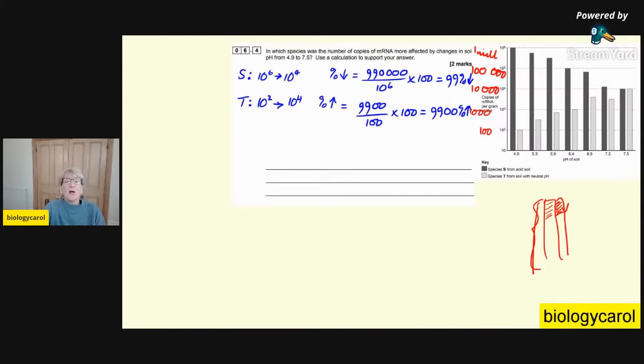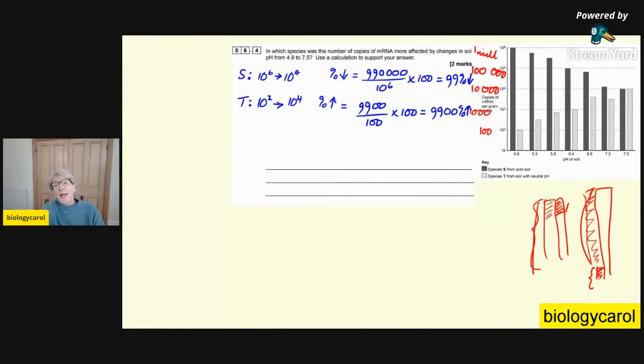Whereas T goes from 100 up to 10,000. Well, that difference is 9,900. But here you're going from a small number up to a big number, and you're wanting to see what the difference is as a percentage of the original number here.